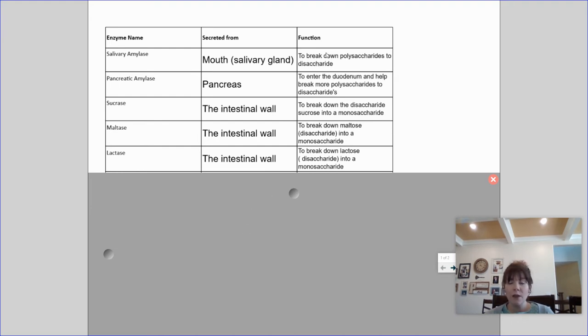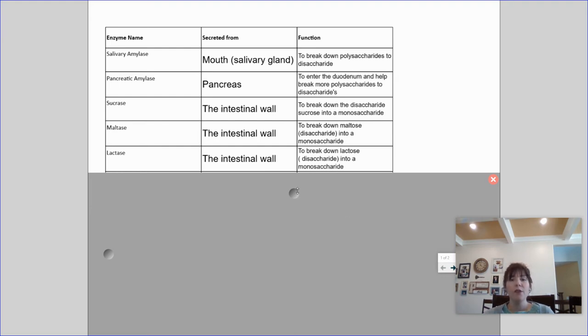You're not going to do anything in the mouth because there's no polysaccharide there for you to digest. Instead, it's going to go all the way to your intestinal wall and you're going to secrete lactase to help break it down. Now we're breaking things down into the monosaccharides of glucose, fructose, and galactose. All right. So that's kind of the journey of carbohydrates through your body and the different enzymes that are needed in order to break those carbs down.